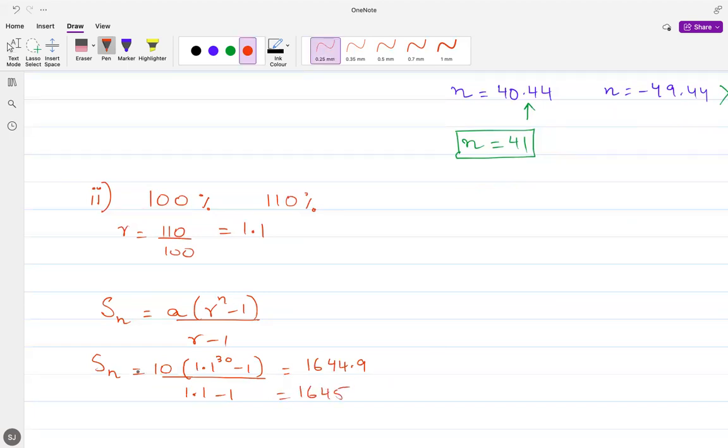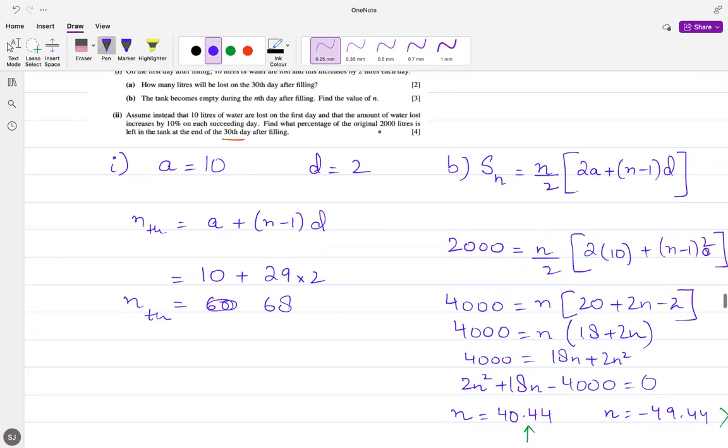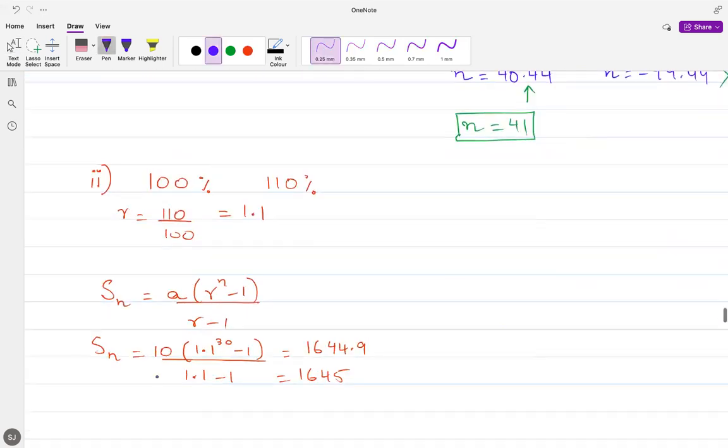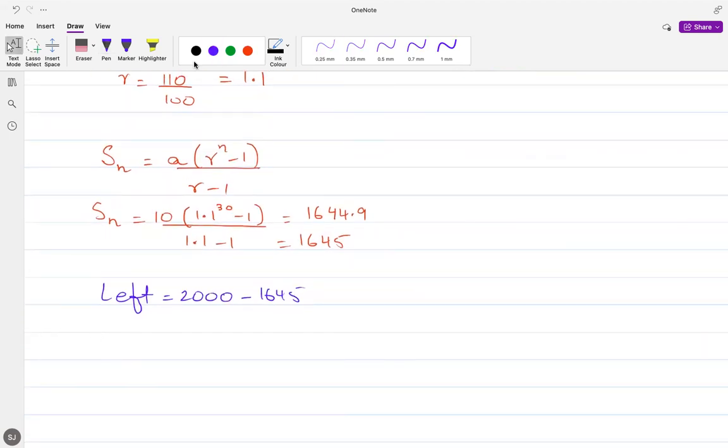So we know that after 30 days, 1645 liters of water were lost. And now we have to find the percentage of the original 2000 liters that is left in the tank. So the amount of water left will be 2000 minus 1645, which equals 355.